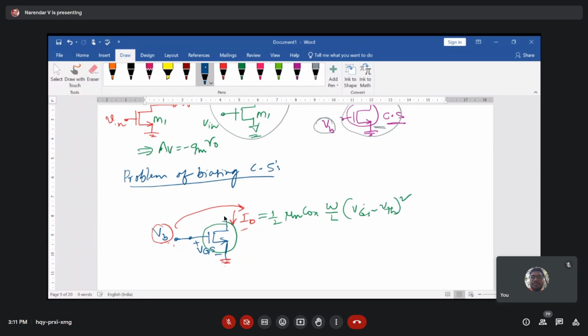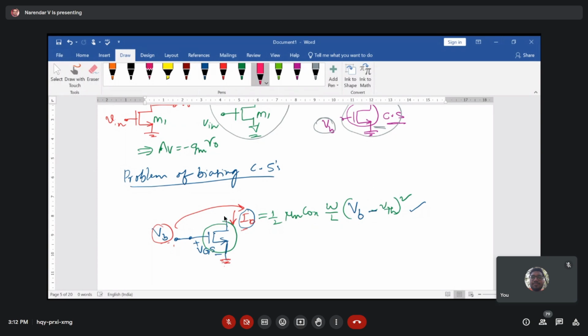Here VGS is replaced with the biasing voltage VB, which is coming from somewhere and defines the current ID. This is a non-linear expression, not a linear one. Now you can write it as VB minus VTH, whole square.